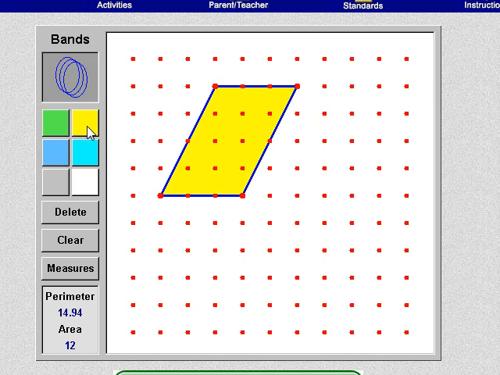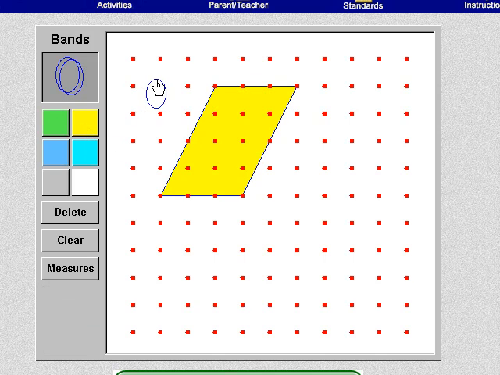In fact, I can demonstrate that. I'm going to make a yellow one here, and I'm going to make the old rectangle where it was. So here we had the old rectangle and we moved it over here.